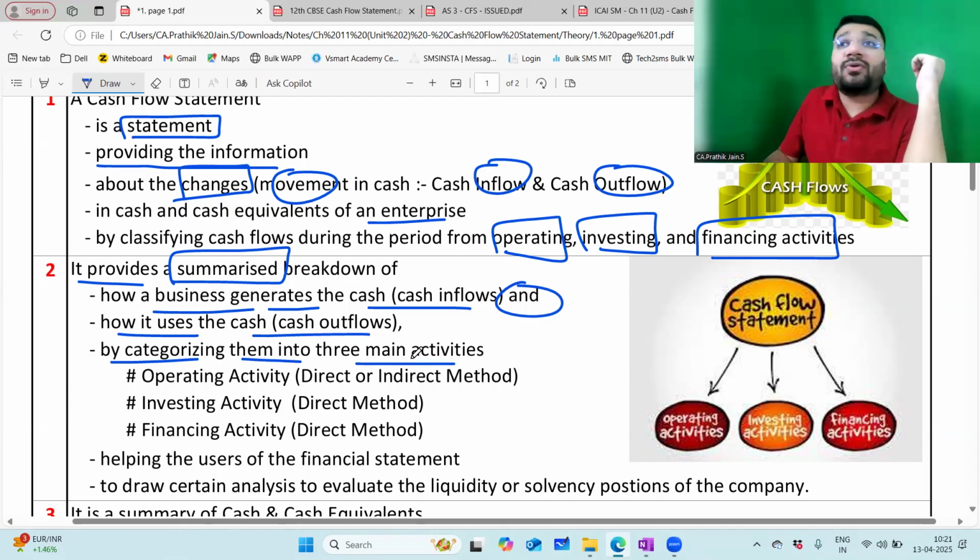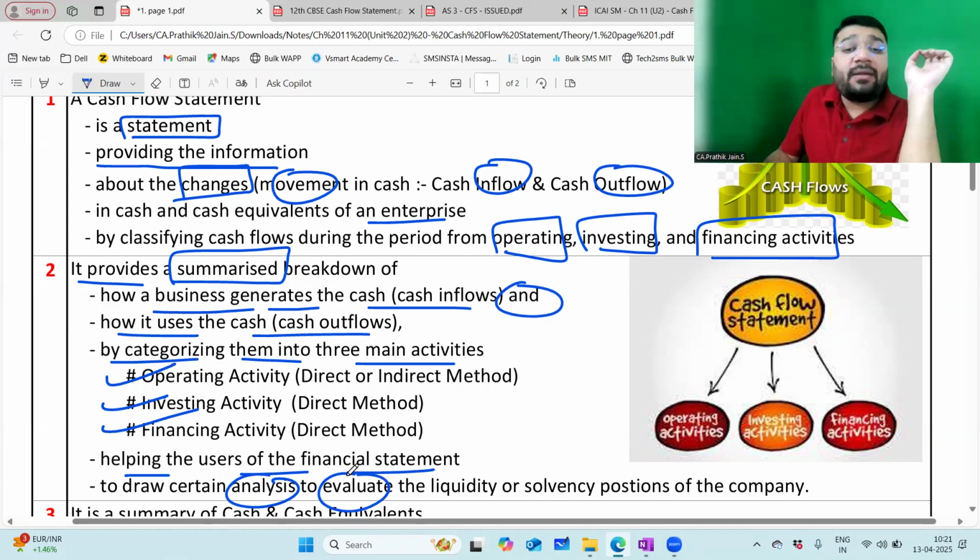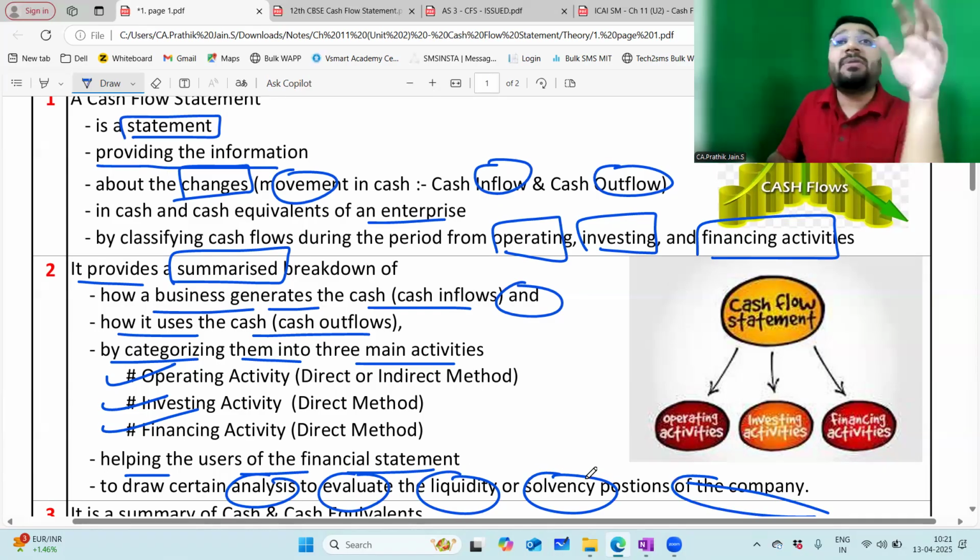Whatever the inflows and outflows, they have to be categorized either under operating, investing or financing activity. This will help the users of financial statements to understand, analyze and evaluate the liquidity or the solvency position of the company. We saw the examples for this in the last class.